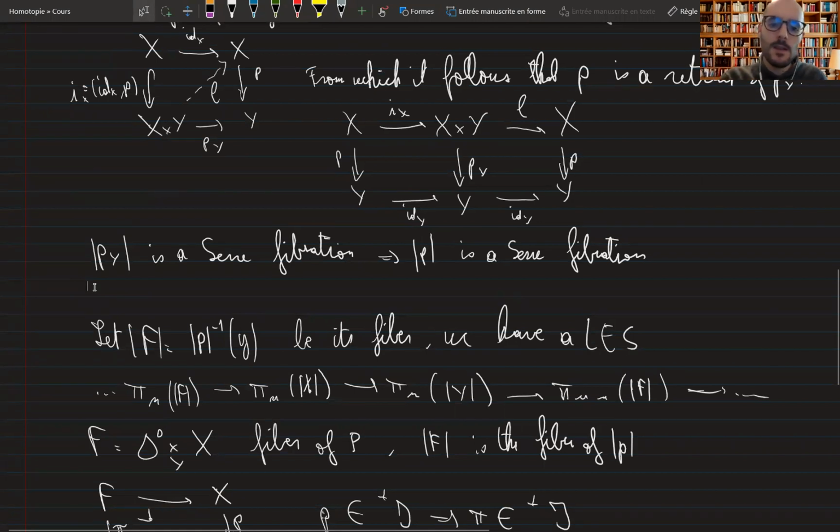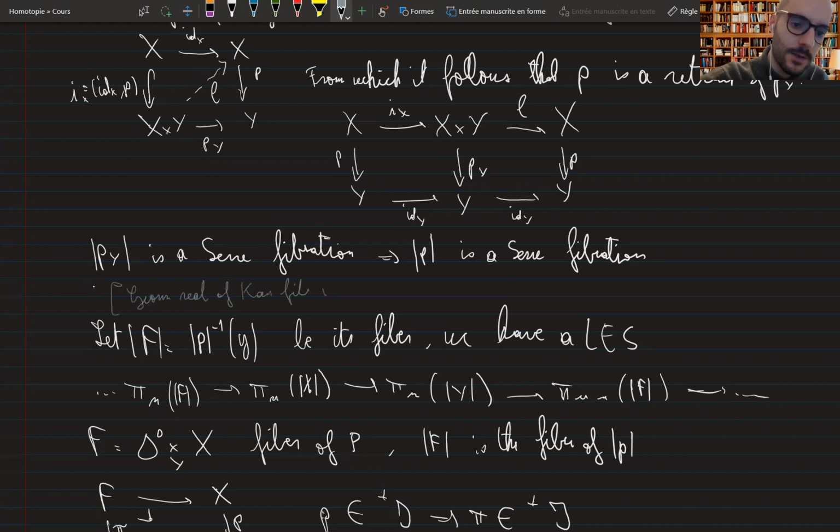Okay. I guess in this case it's easier to prove. I have to think about the details. Anyway, I'm going to state it later, but the geometric realization of a Kan fibration is a Serre fibration.